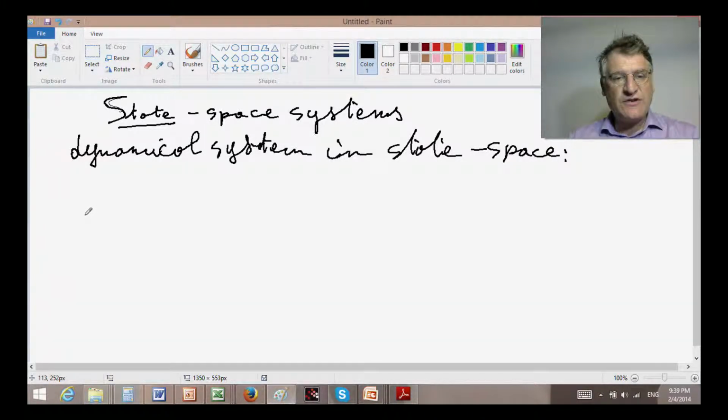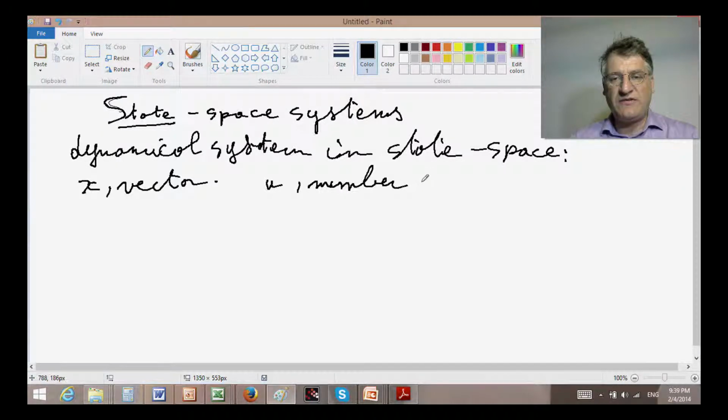It looks like a differential equation. It has a variable x, which is a vector. It has an input u, which is usually a number, sometimes a vector, but rarely for what we're going to talk about. And we have an output y.